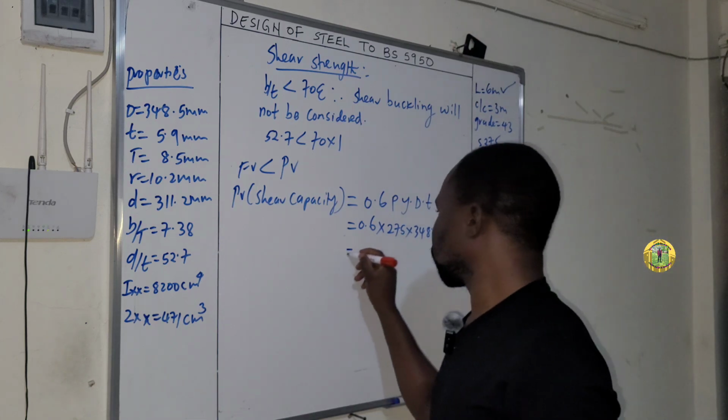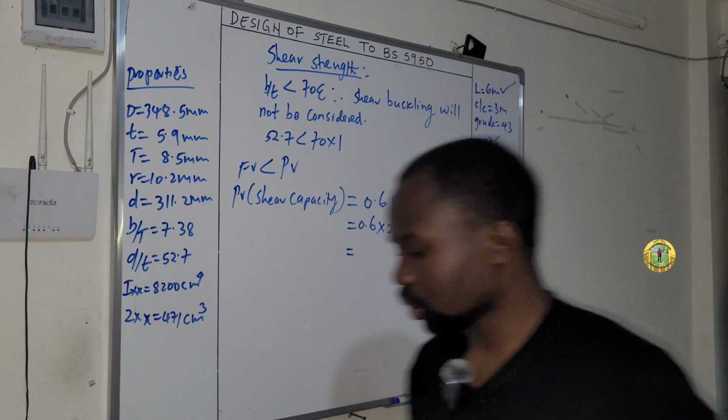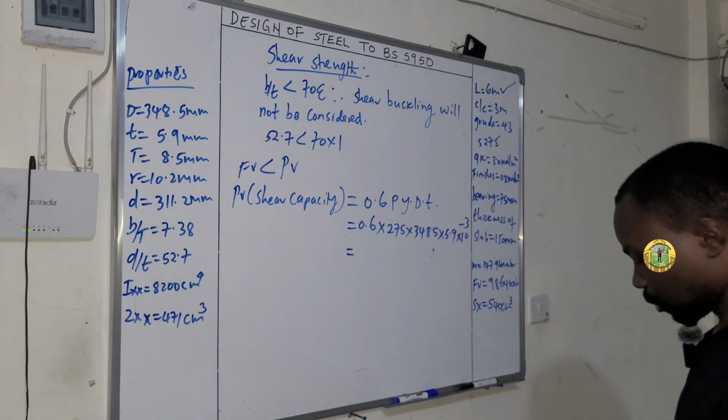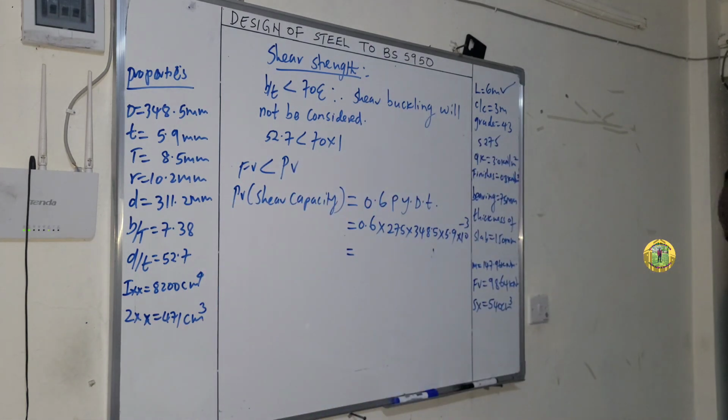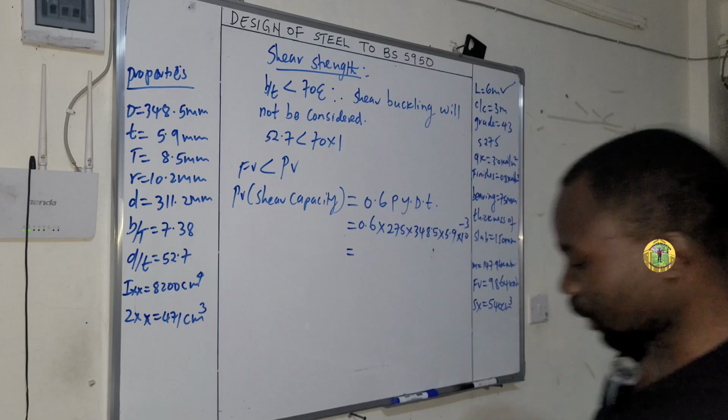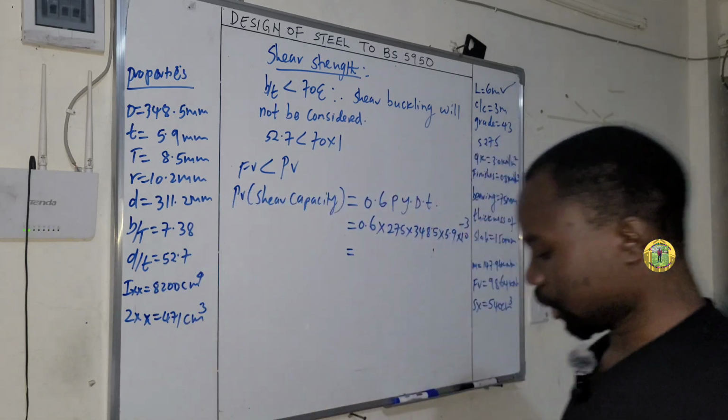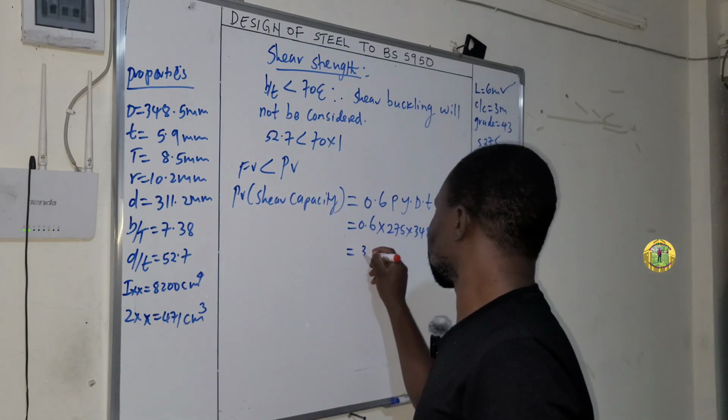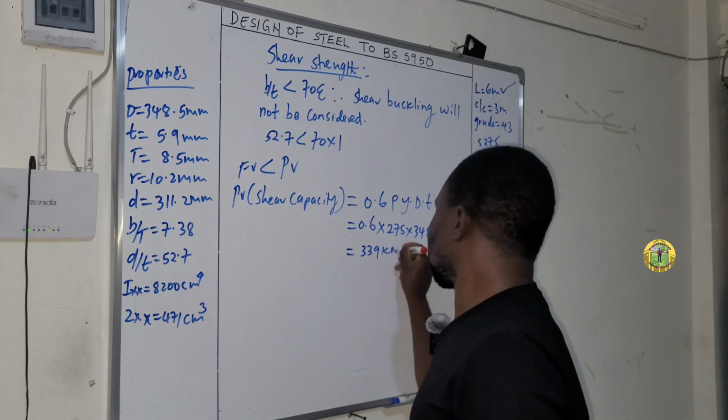So you carry out the operation: 0.6 times 275 times 348.5 times 5.9 times 10 raised to power -3. So this is 339 kilonewton.